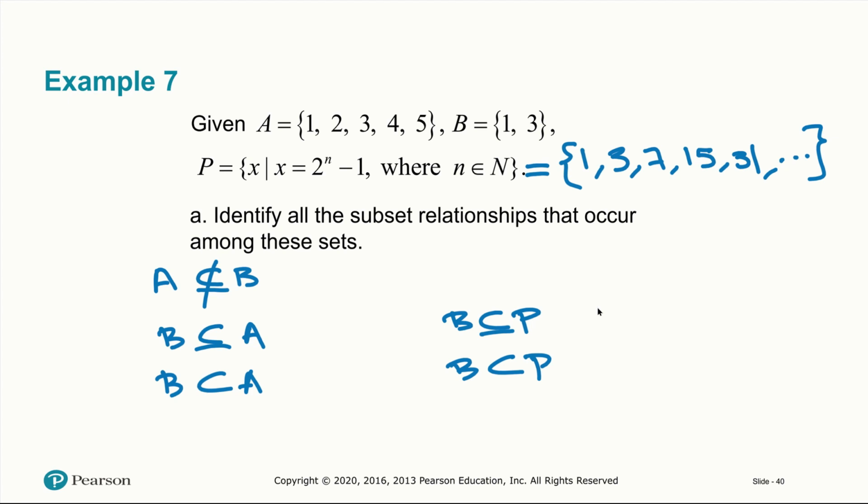All right. There's one other subset relationship that exists between each of these sets and itself. Notice, A is a subset of A. Make sure you never say that a set is a proper subset of itself, because it's not, because they're actually equal. So there are no elements in one which is not in the other.